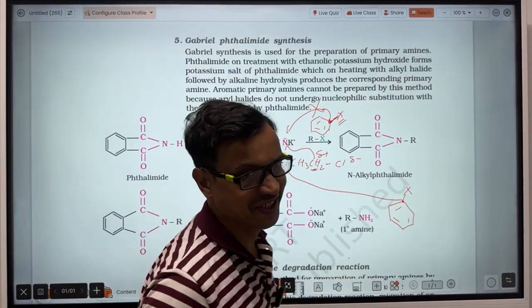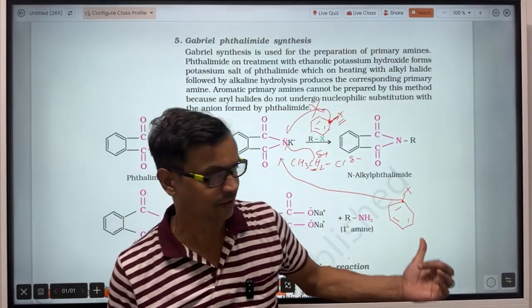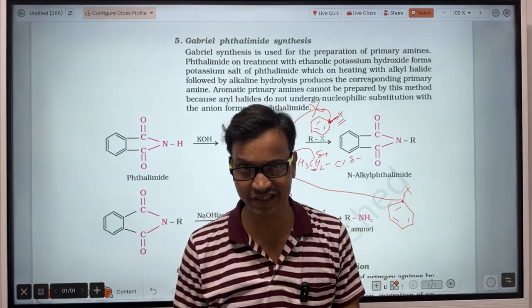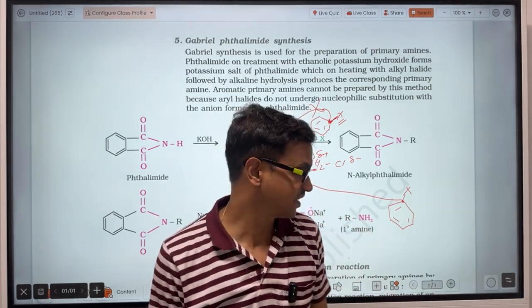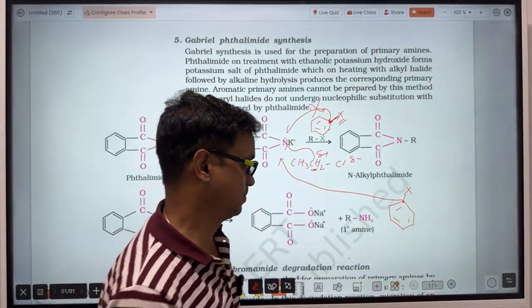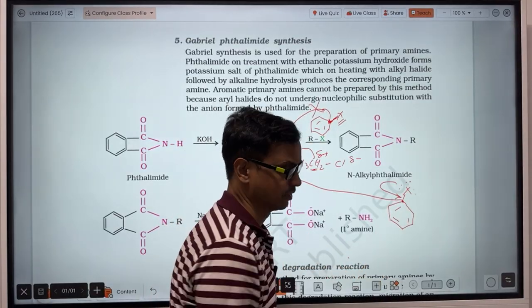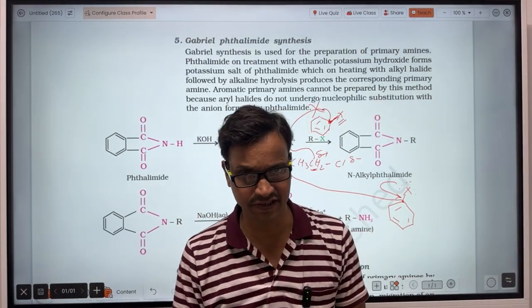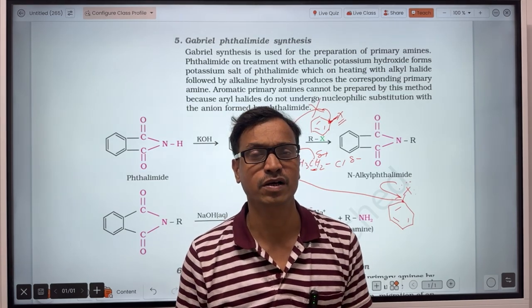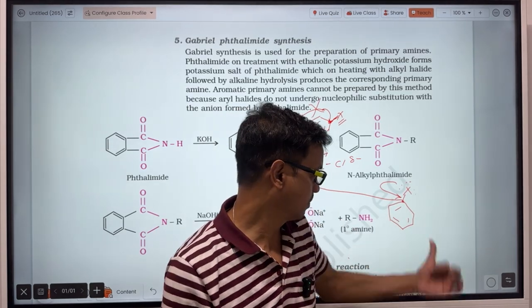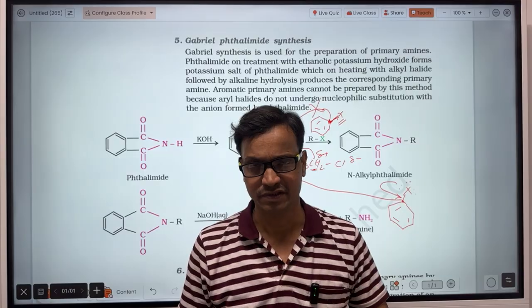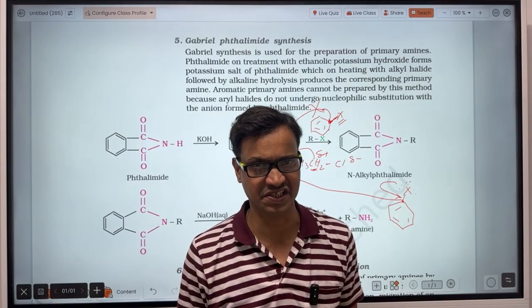If anyone thinks that the halogen is a highly electronegative element here also, so why not positive charge? Guys, you have realized that due to resonance, the lone pair of electrons present on the halogen is involved in the resonance.